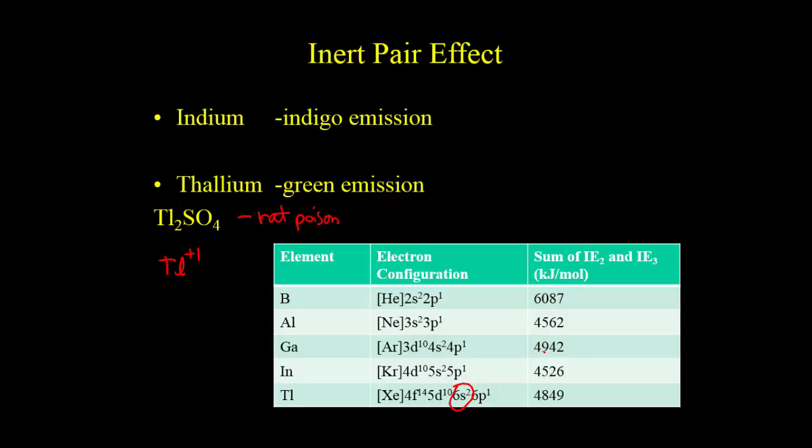When we go from aluminum to gallium, it goes up because these d electrons aren't shielding these s orbitals as well, and so they're feeling the nucleus more than these s electrons. Then we go down again, but when we get to thallium, it jumps up again, because now these f orbitals, as well as the d orbitals, are not shielding very well. So we'll see this becomes important as we keep going to further groups in the periodic table.